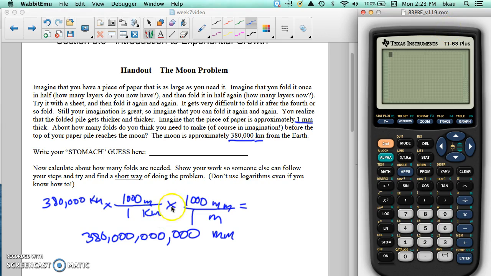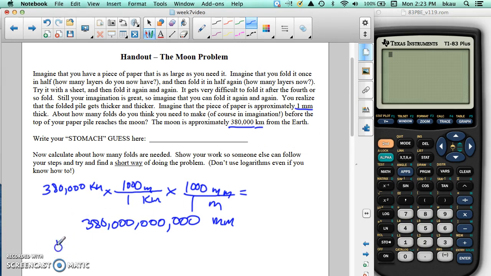So let's take a look at this. What we have here, we're going to start with our first paper, and the first fold is 2 millimeters, right? First fold equals 2 millimeters.